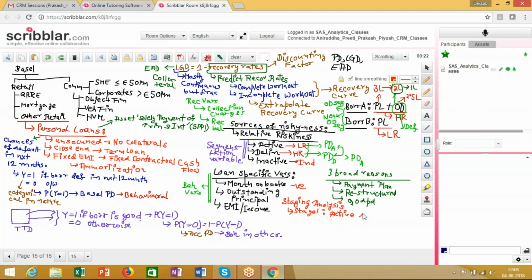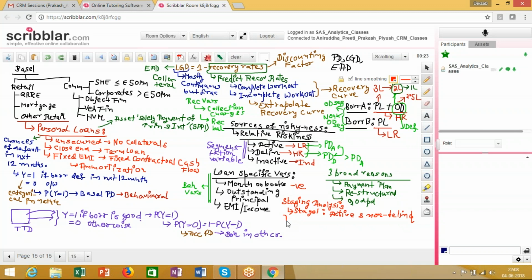So over here we have the staging analysis, right? Stage one is the case where the borrower is active and non-delinquent. So the borrower is not delinquent at this stage.